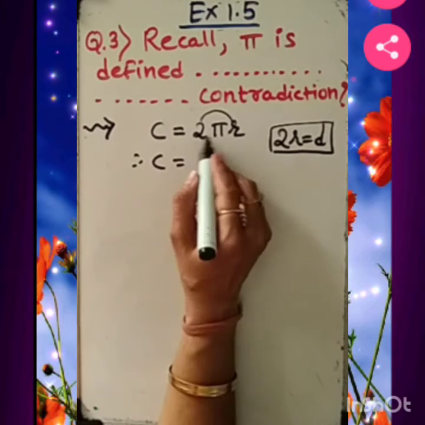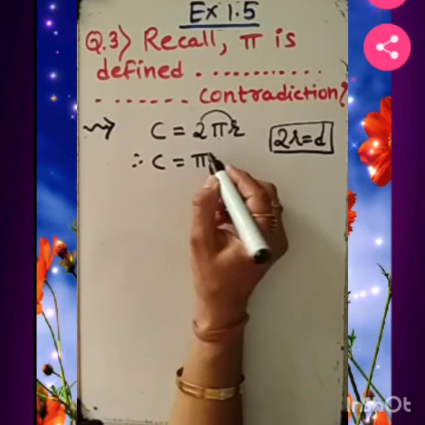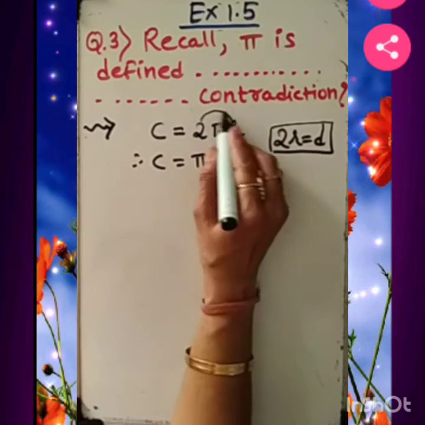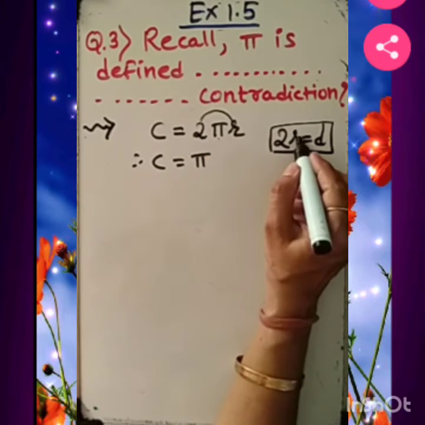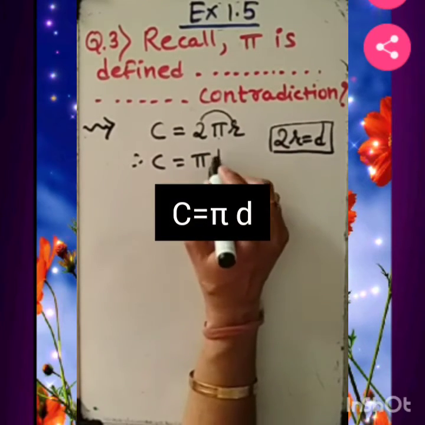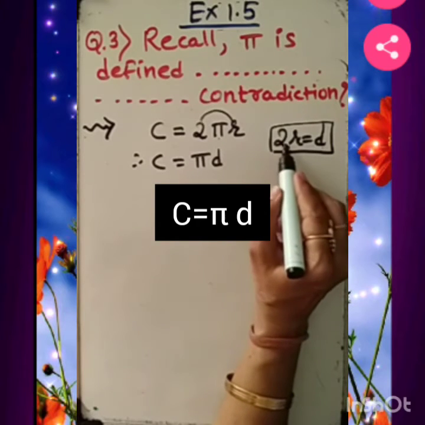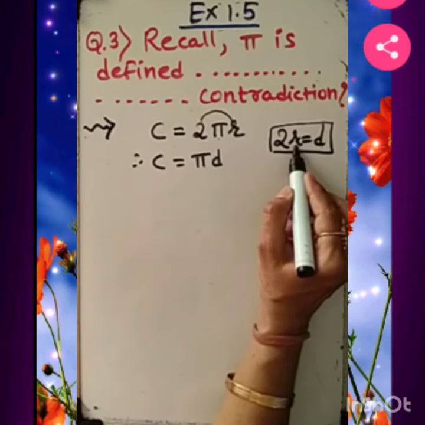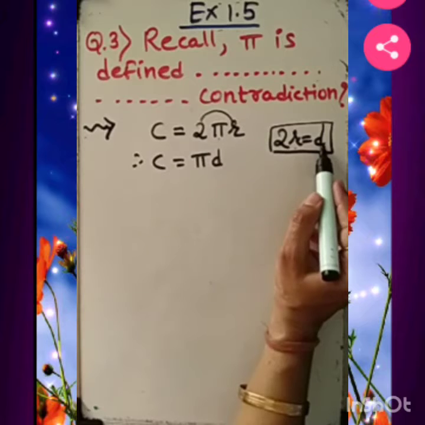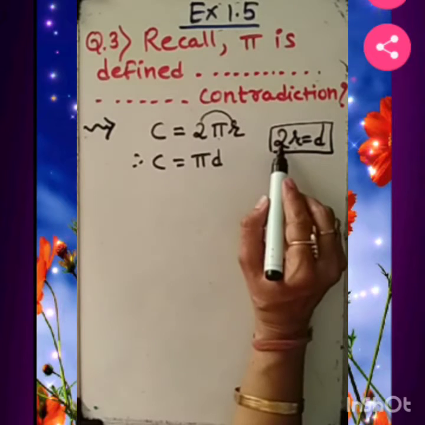So we need to write here pi and the value of 2r, this 2r in place of d, because we know that the diameter is just double the radius. Always remember, dear students, the diameter is double the radius.